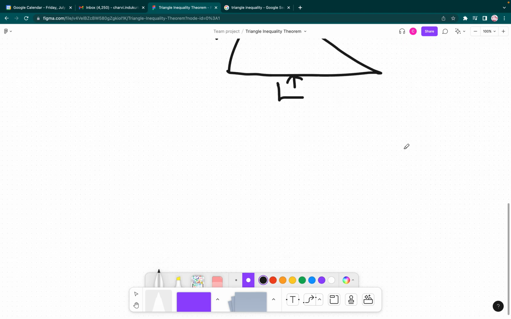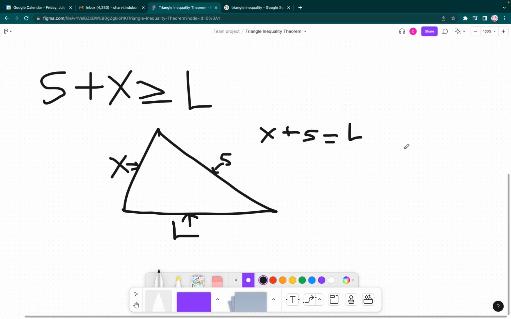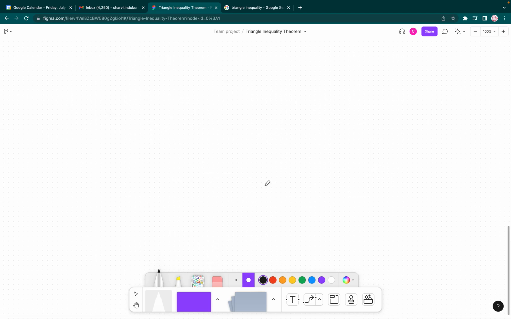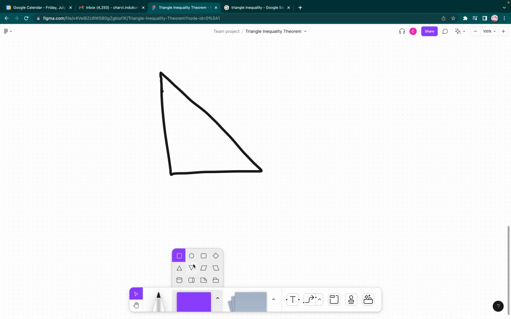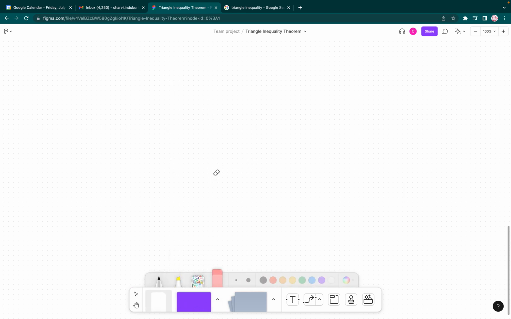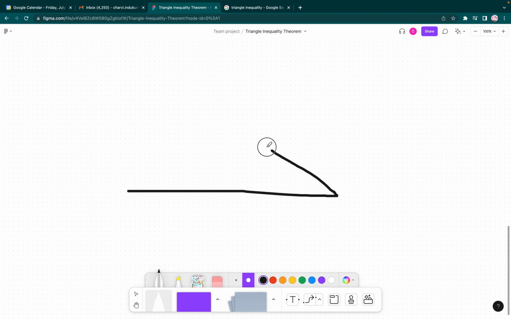Okay, so now we'll do it with numbers instead of just variables. So we've got a triangle. Wait, not even a good triangle to represent this. I'm going to go like this, then like this, and then like this.